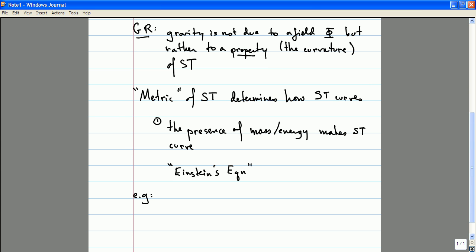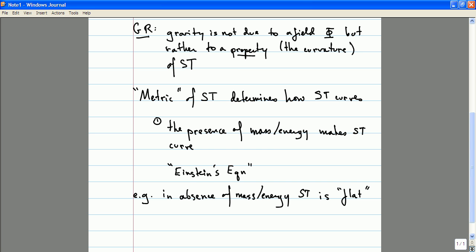So, for example, in the absence of mass and energy, space-time is flat Minkowski space. So in particular, in the absence of mass and energy, space-time should have no curvature.